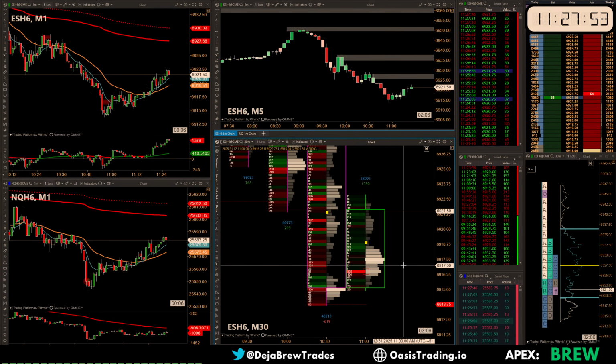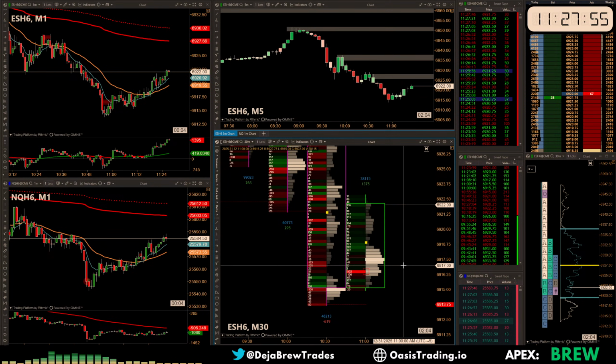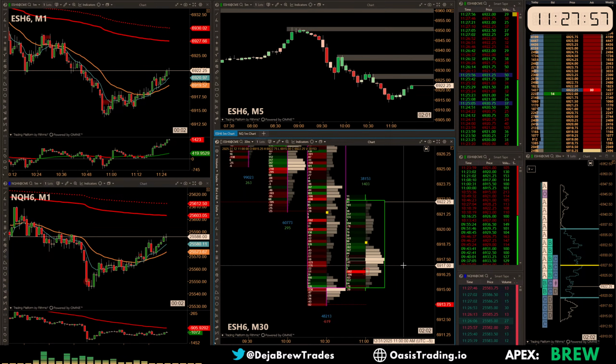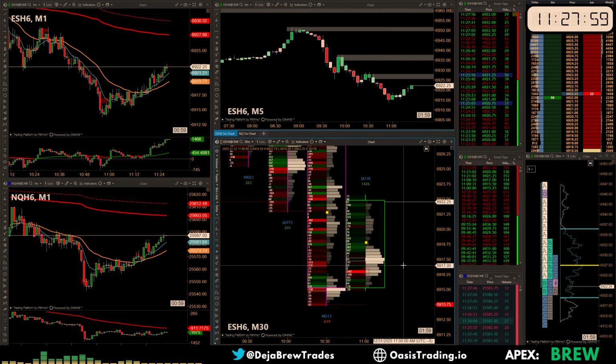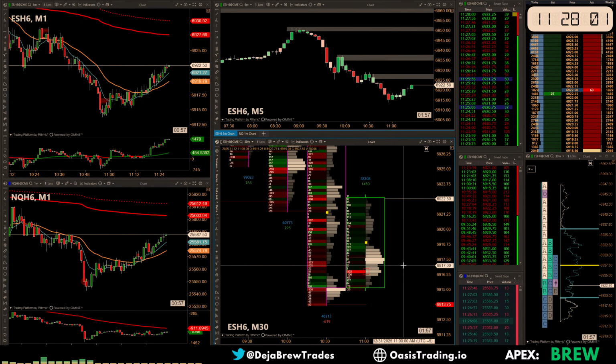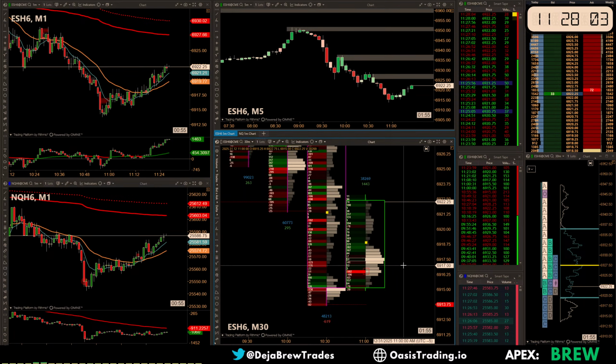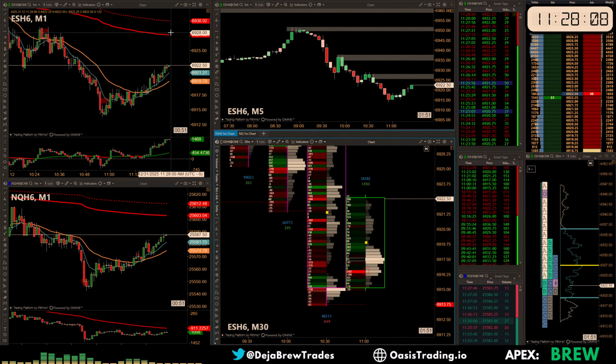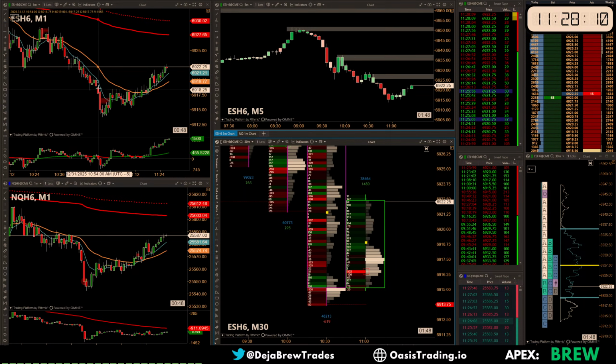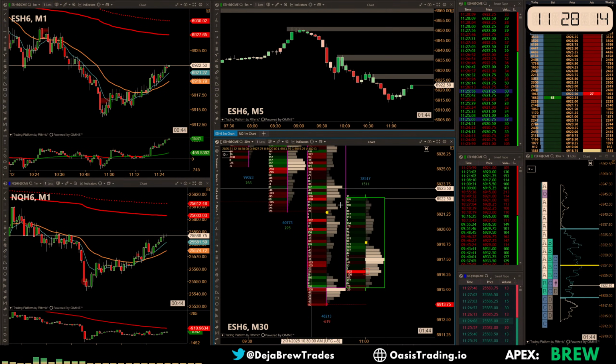For today, be on the lookout for this backtest of VWAP if this bear flag does continue. Keep an eye on 27 to 30, which is also around the POC. So if they reject that retest, it could be a bear flag into VWAP, which goes right back down to the prior low. In this case, that'd be around 17 to 15.